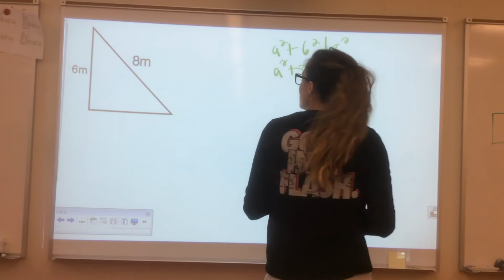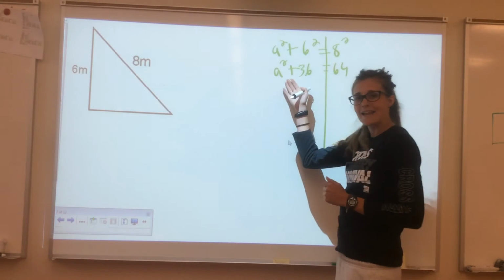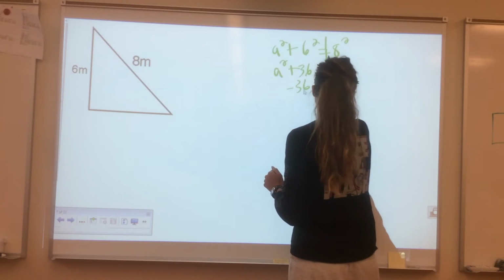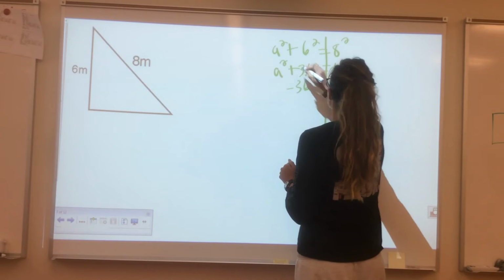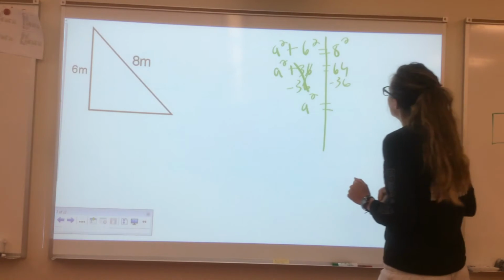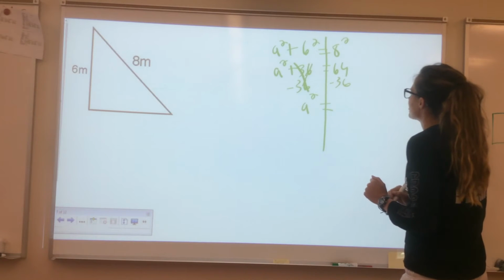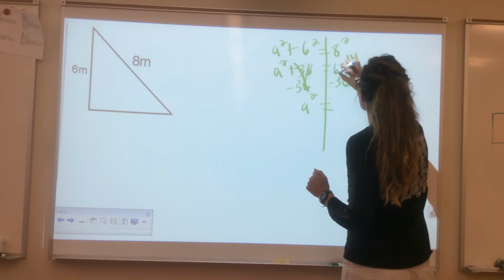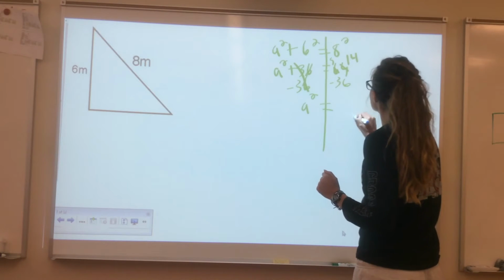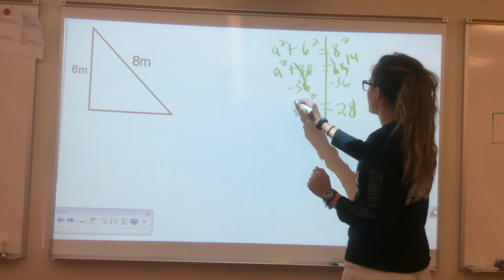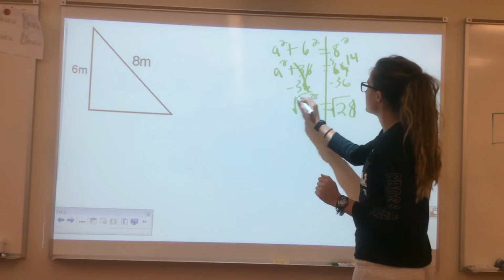Then I have to isolate A, so I'm going to subtract 36 from both sides. These cancel out. 64 minus 36 is 28. And then we have to eliminate the square, so we're going to square root.